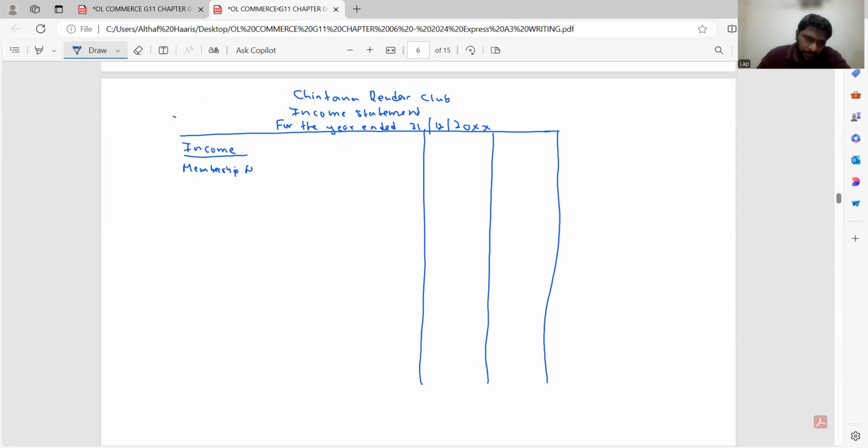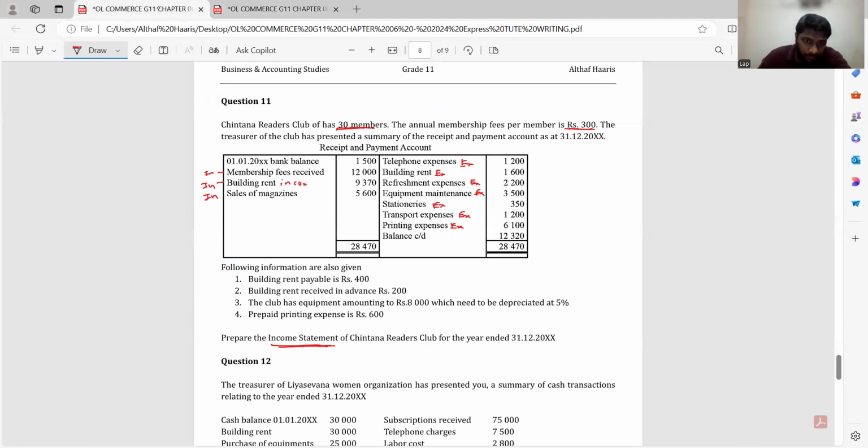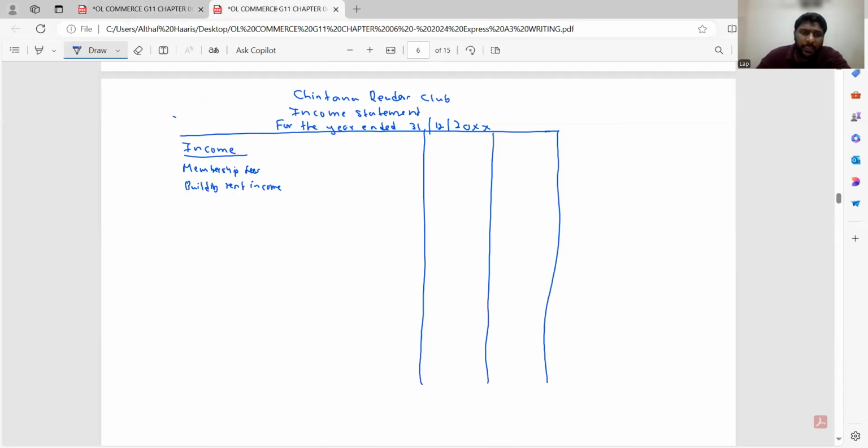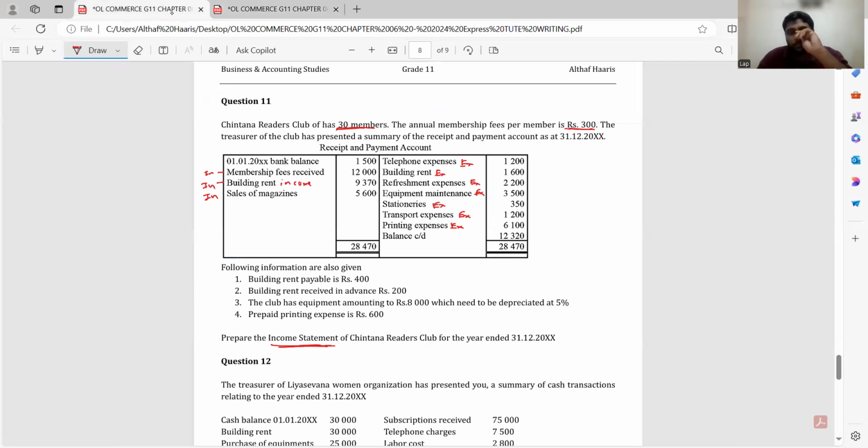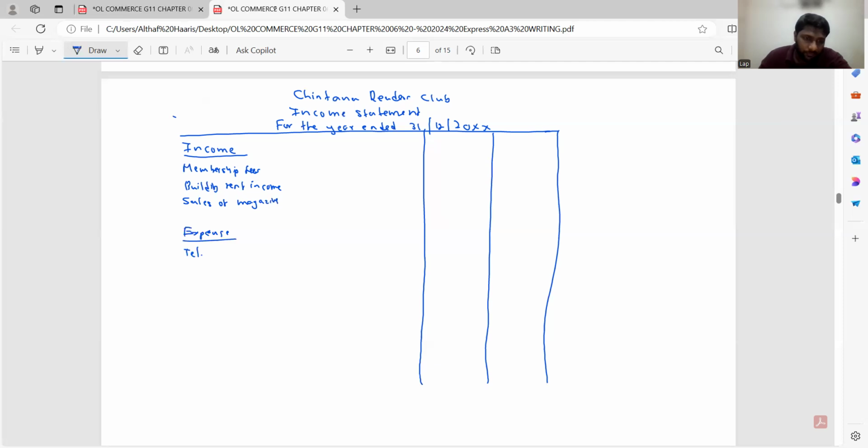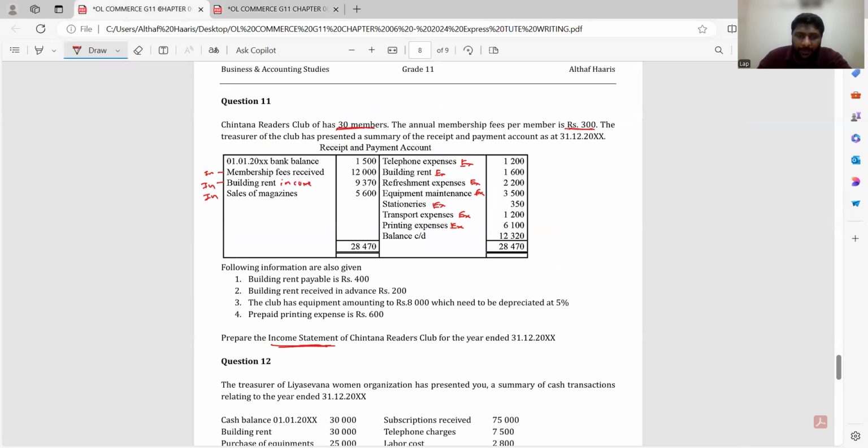Membership fees, building rent income, sales of magazine. Telephone expense. Building rent expense.